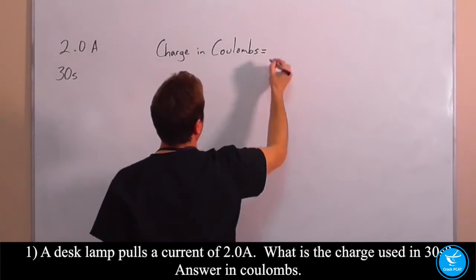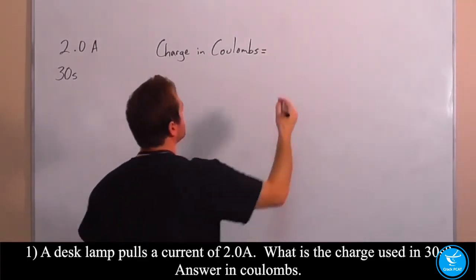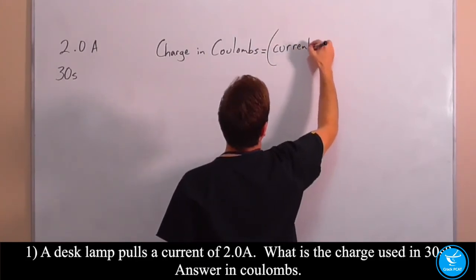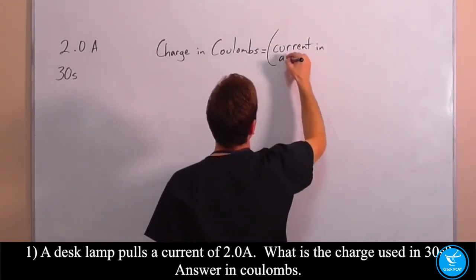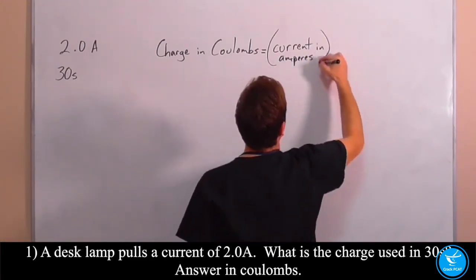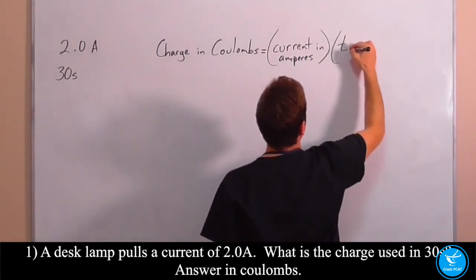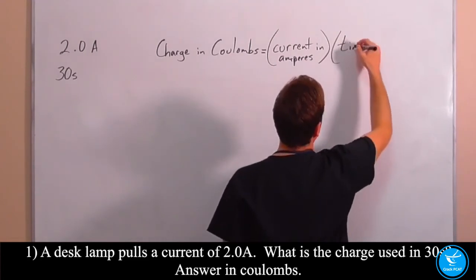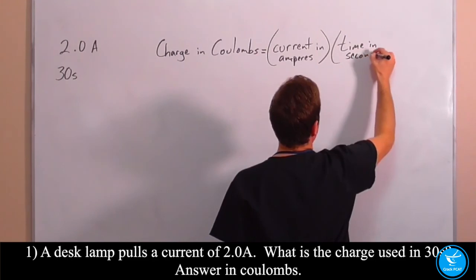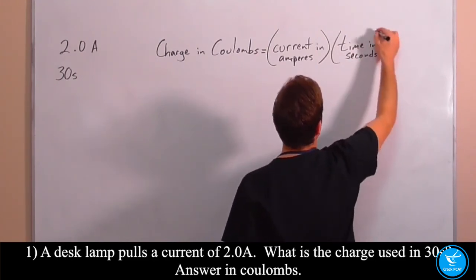We're just going to set it equal to the current in amperes, and we're going to multiply it against the time that the current was flowing through, time in seconds. That's all we have to do here, okay?